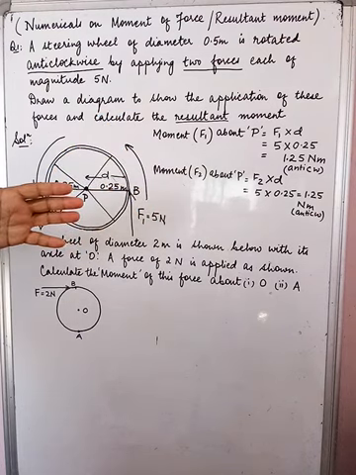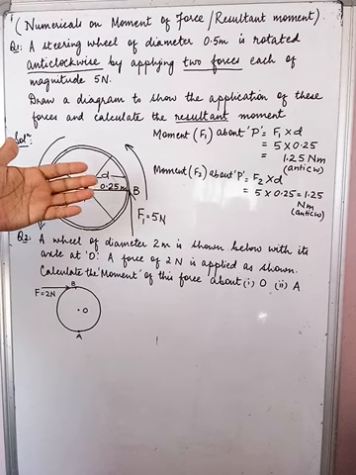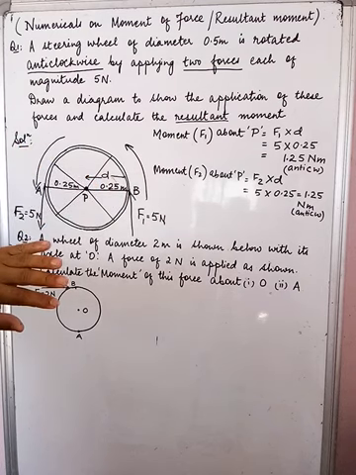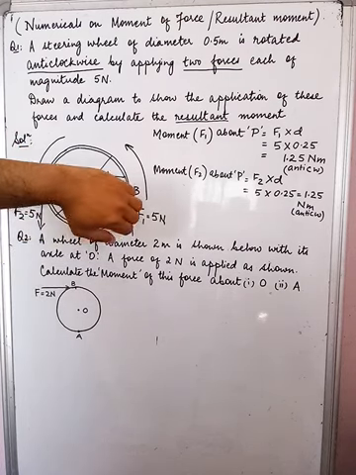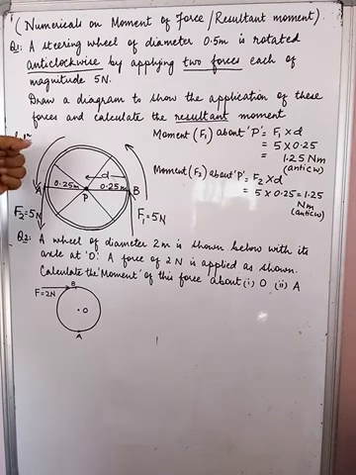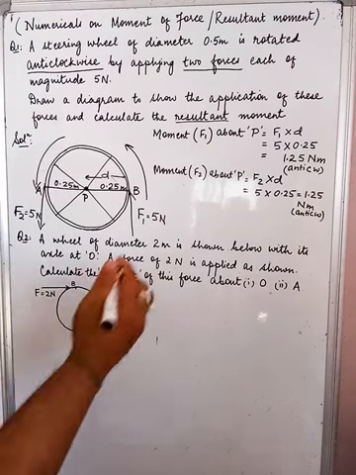So now before we calculate the resultant moment, let us check whether these two moments are in the same direction. Are they assisting each other or are they opposing each other? So they are assisting. You see, this is also trying to turn it anti-clockwise and this is also trying to turn it anti-clockwise.